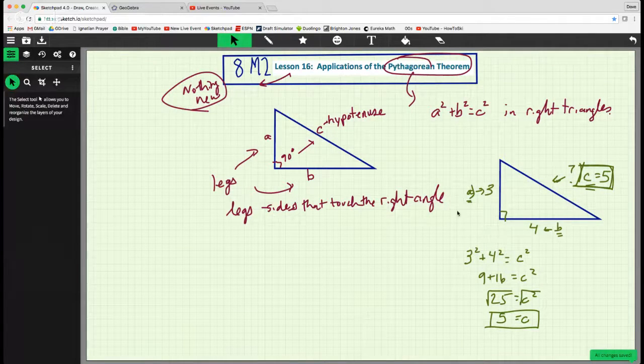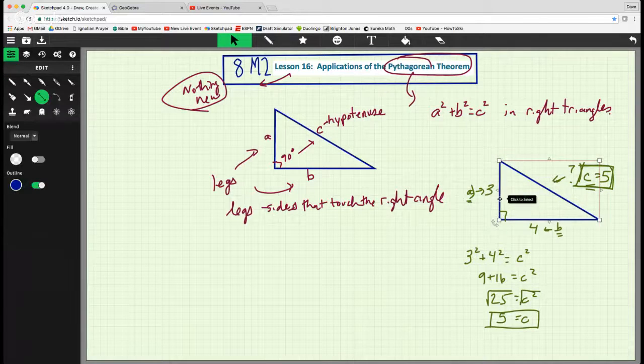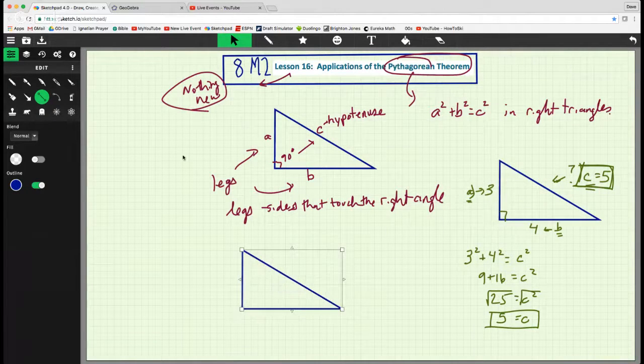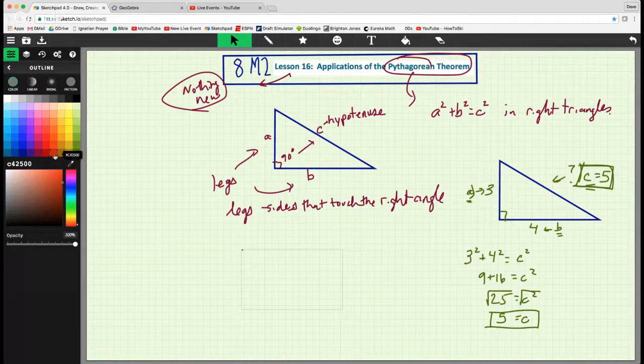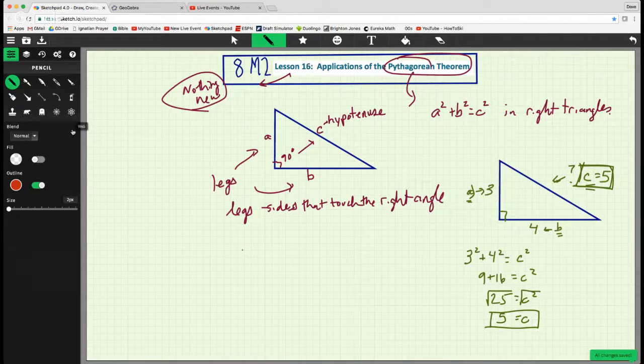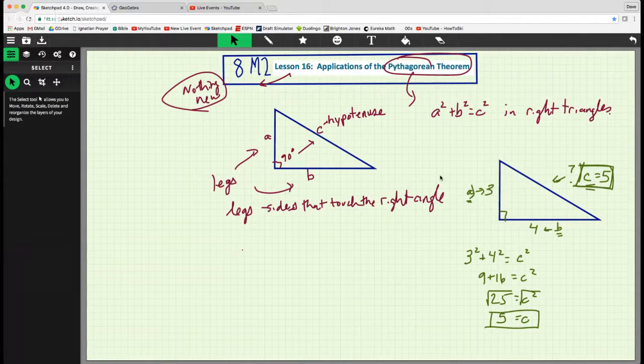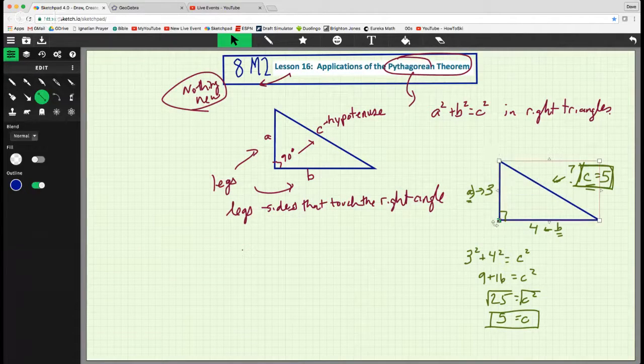Now, we also can use this a little bit differently, because sometimes we will know different things. Let's put our triangle here.